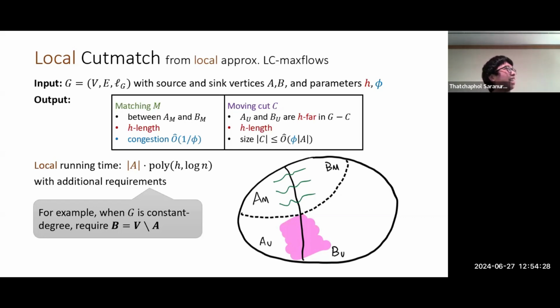And basically, because we allow this length constraint subroutine to have a poly edge factor in the running time, it's not that hard to implement this subroutine. But here we're doing it only for the distance of generation.